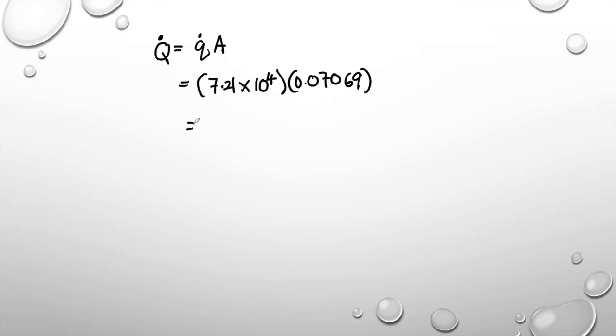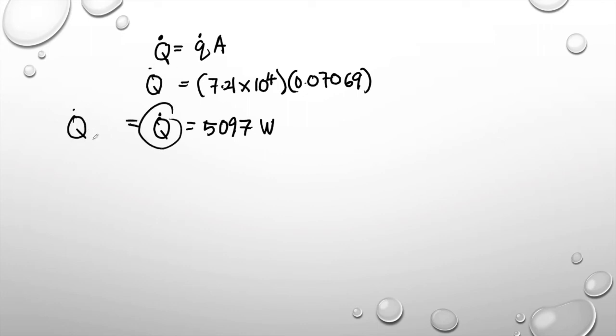So now what we get is Q dot boiling of 5097 watt. So you already have the answer for the rate of heat transfer for the boiling.